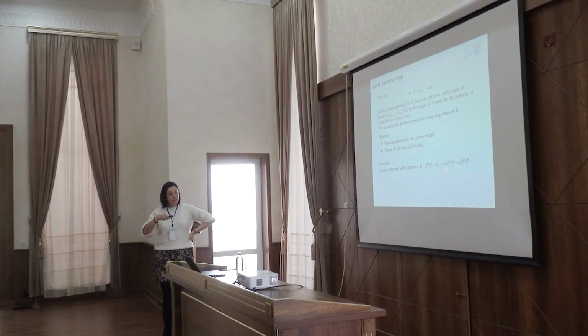And then the image is going to be 5 points in the first image, which is a 2-dimensional space, times the 5 points in the other image, which is another 2-dimensional space.